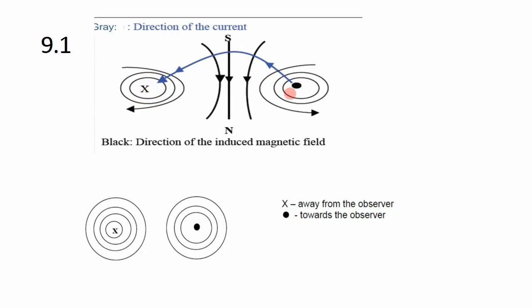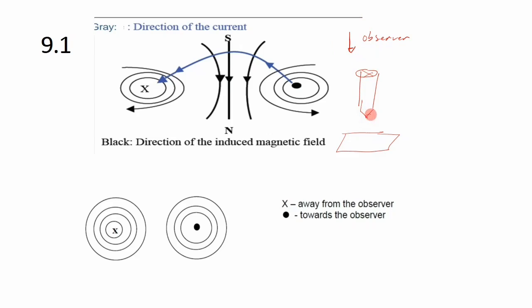And then if we see a dot here, this would indicate that the direction of the current is out of the page. So a way to think about it is if you're an observer here, and now we want to take this pen and use it to indicate the direction of the current. If this is the page, and you are looking at your pen from above, then this is what you see.